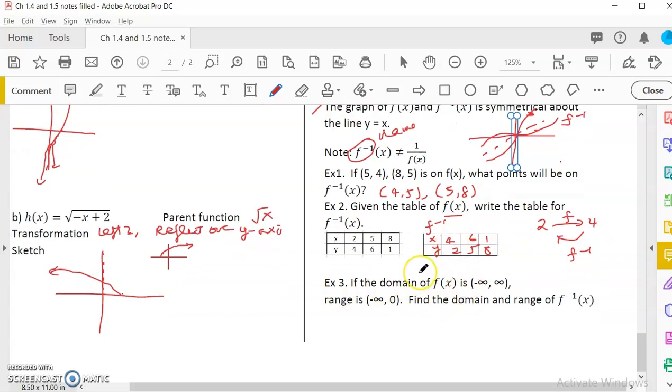Example 3: if the domain of the original function is from -infinity to infinity and the range is -infinity to 0, what is the domain and range of the inverse? So domain and range switch, right? The domain of the inverse becomes the original range, and the range of the inverse function is the original domain, like that.